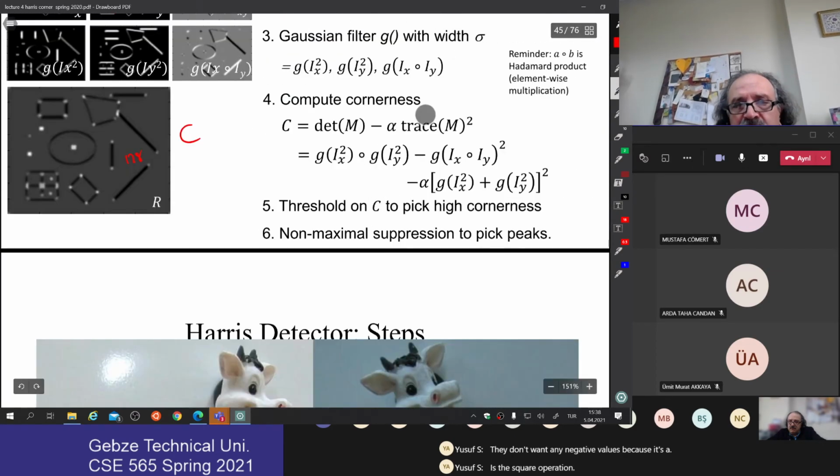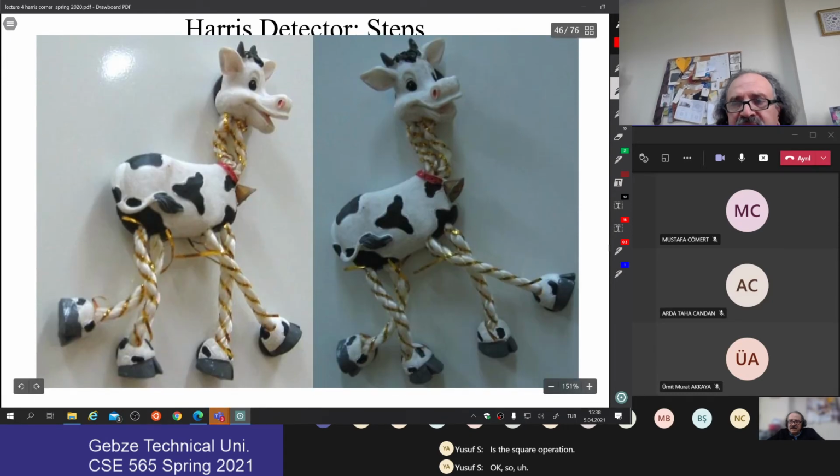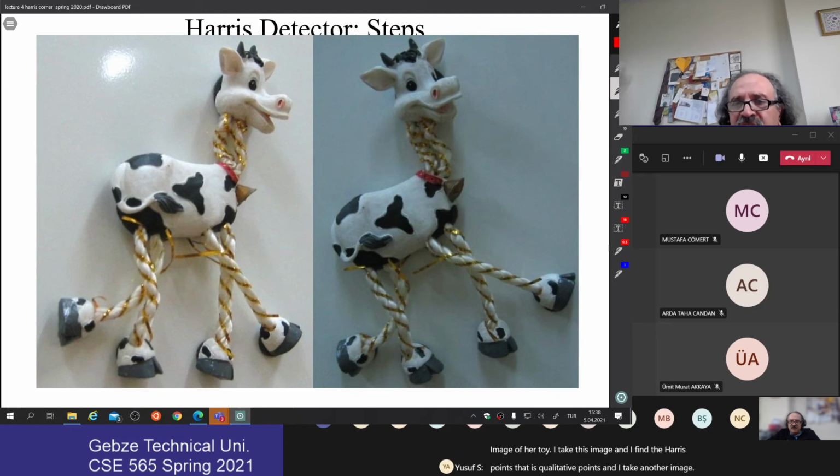Okay, this is an example. I take this image of a toy and find the Harris corner detector points, and I take another image in a different direction.